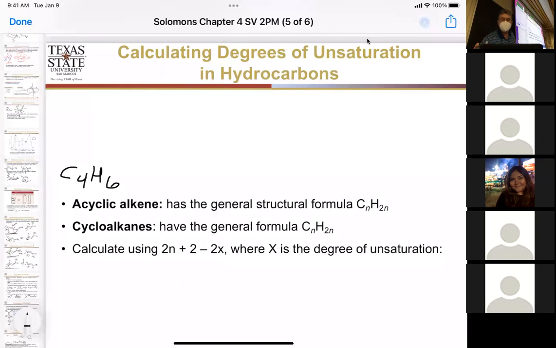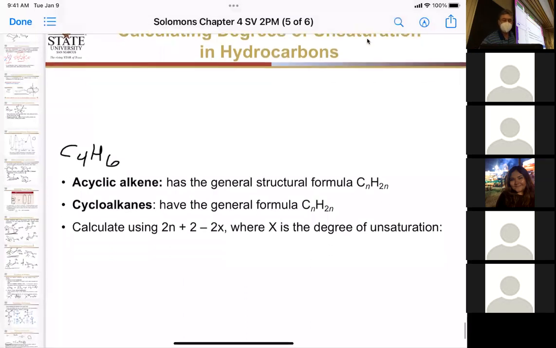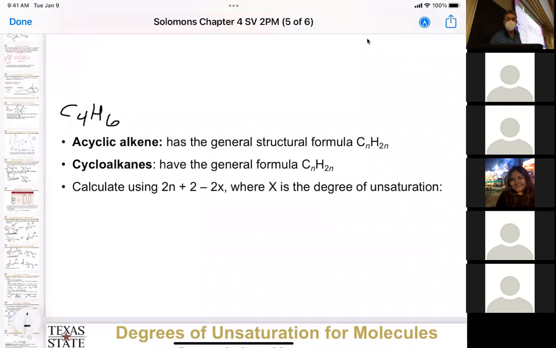If we're using this in a calculation, we have to have 2n, where n is the number of carbons, plus 2 minus 2x. X is the degree of unsaturation. And that's going to be equal to the number of hydrogens you find in your empirical formula, which in this case is 6. Okay, so we have 4 carbons.